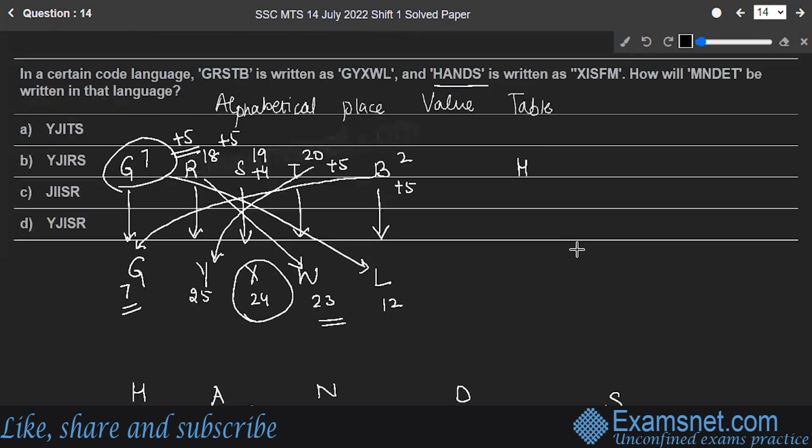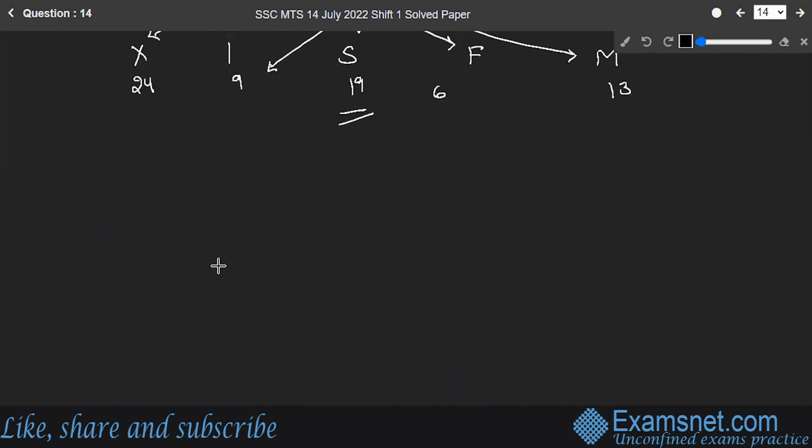Correct? What do you have to find out? We have to find out how MNDET will be written in the same code. MNDET. So what is the place value of M? It's 13. This is 14. This is 4. This is 5. And this is 20. Let's add 5 to them. Okay, so now we'll go in the cross manner, right?